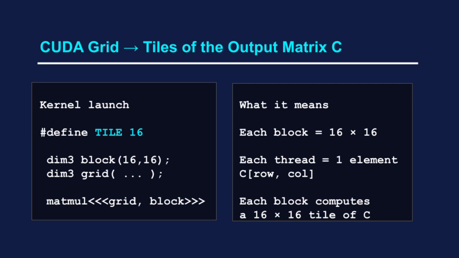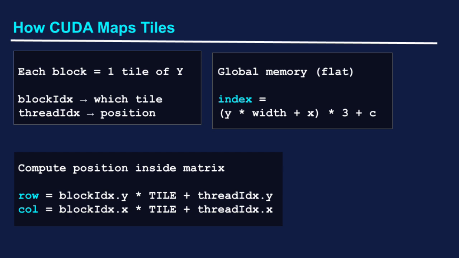Here's how CUDA maps tiles. You're familiar with this if you've already written a couple of CUDA programs. Basically, blockIdx shows which tile, and threadIdx shows which position inside the tile. Calculate row and column. Here we define the kernel launch.